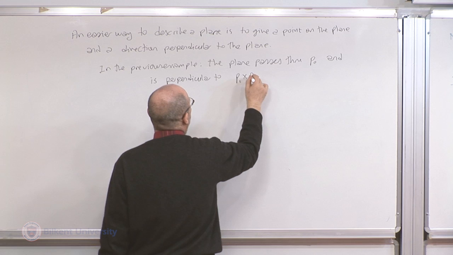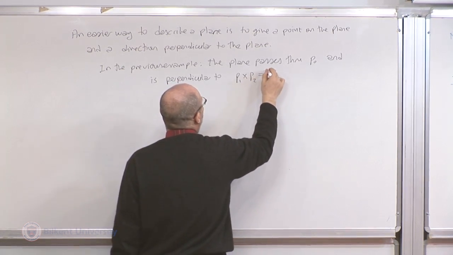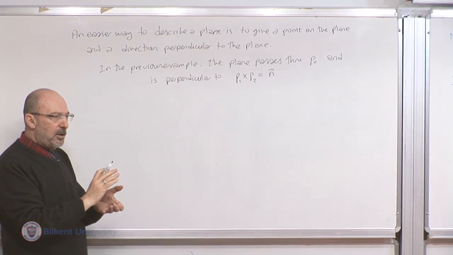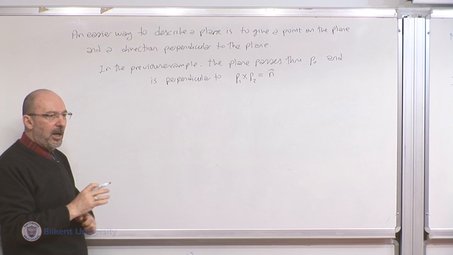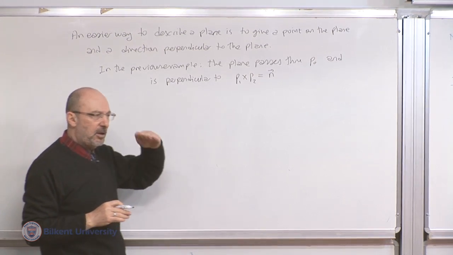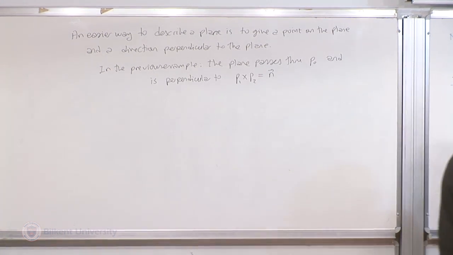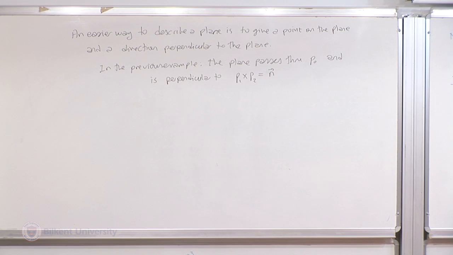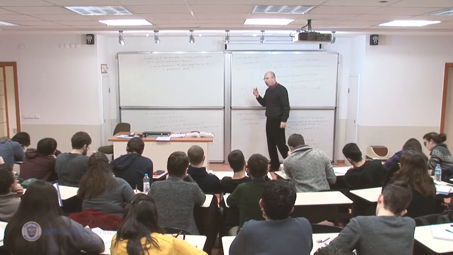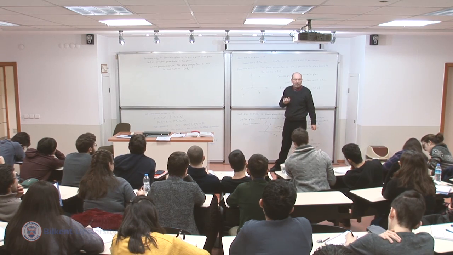So let us call this N. Normally, if a vector is perpendicular to an object we are interested in, we call it the normal vector. In this case, we are interested in this plane. This vector is perpendicular to the plane, so technically it's called a normal vector to the plane. We say a normal vector because if you multiply this vector by 5, it's still perpendicular.